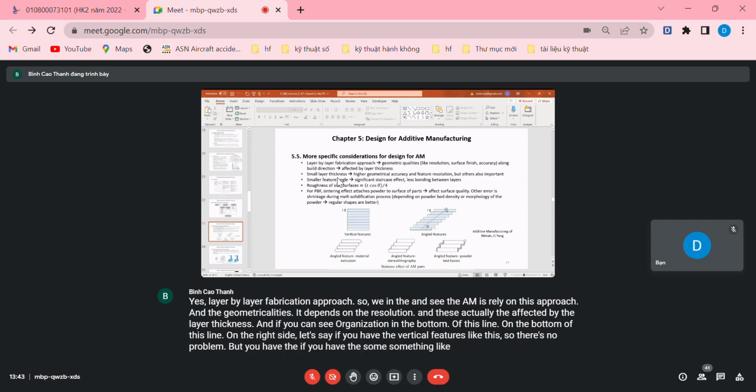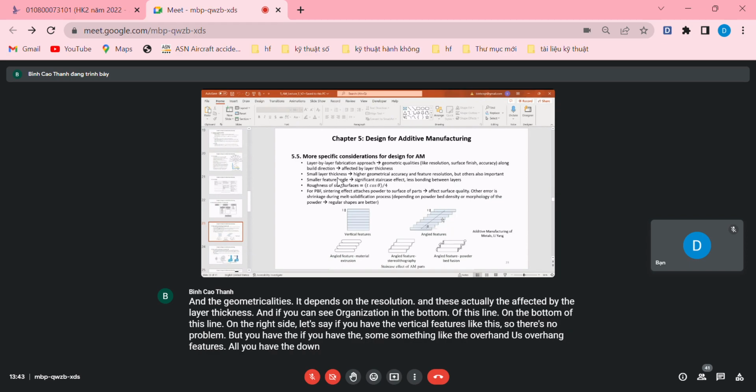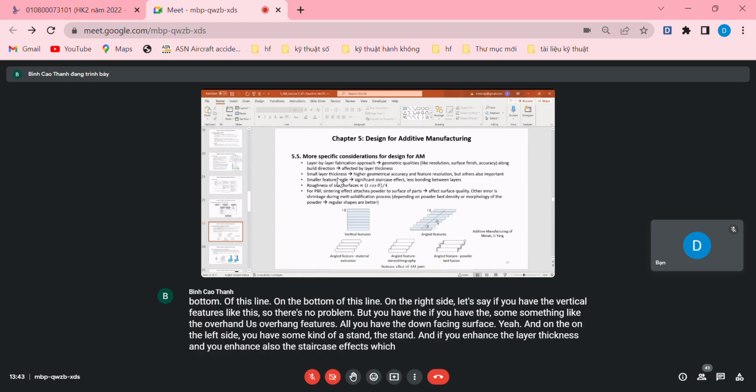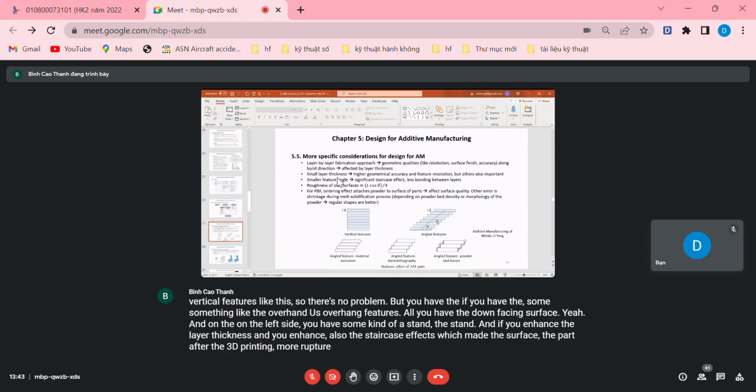But if you have overhang features, or a down facing surface, and on the left side you have some kind of a stair, and if you enhance the layer thickness, you also enhance the staircase effects, which makes the surface of the part after 3D printing more rough.